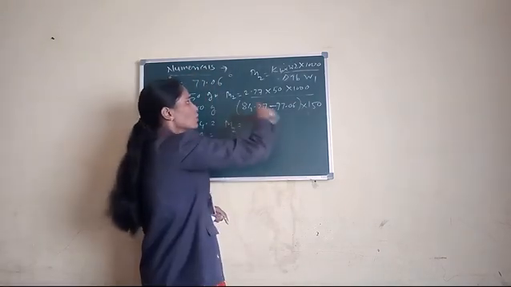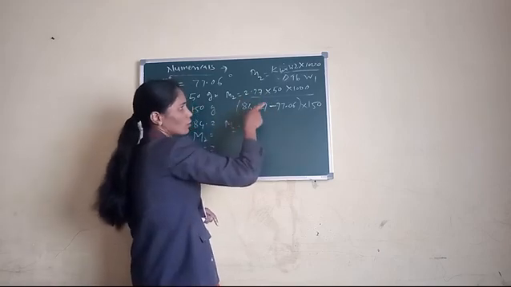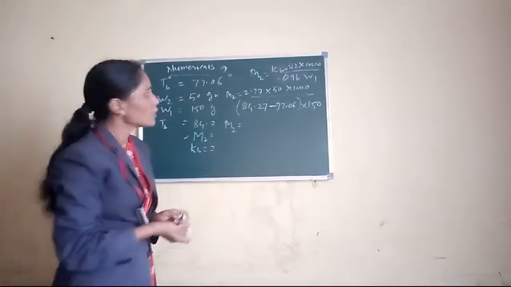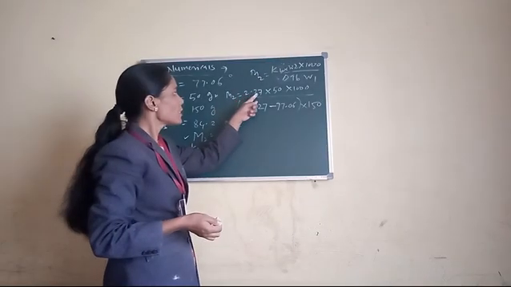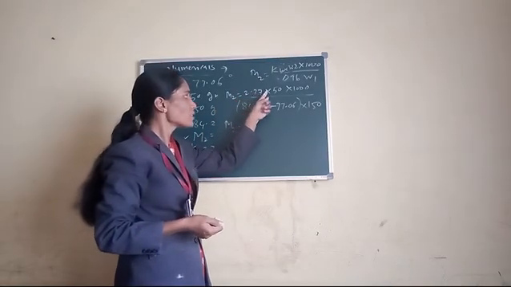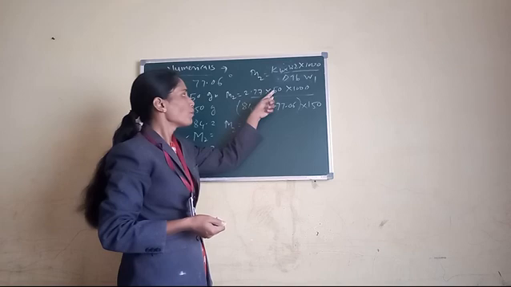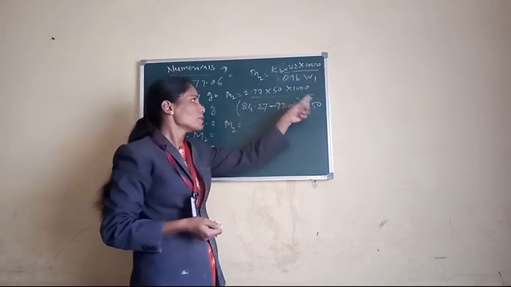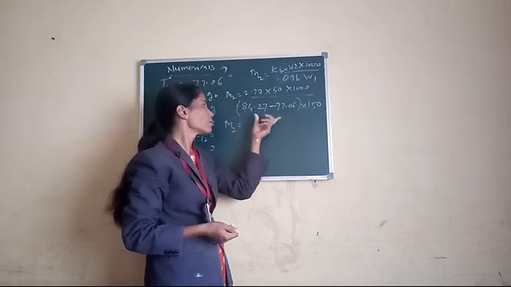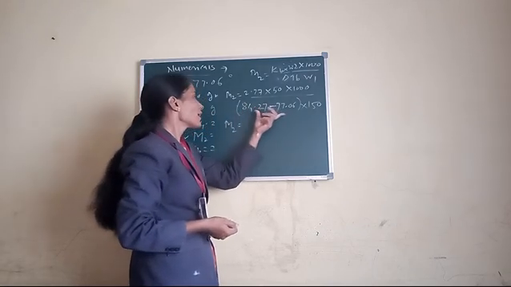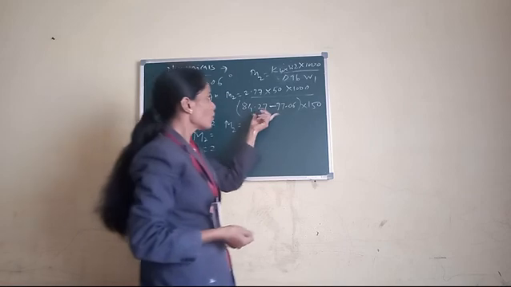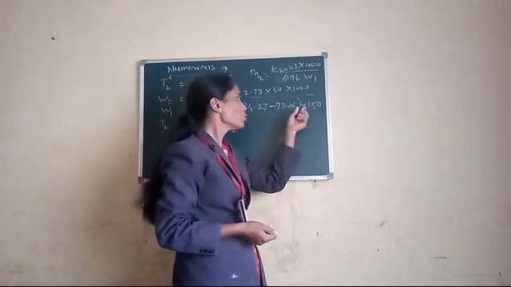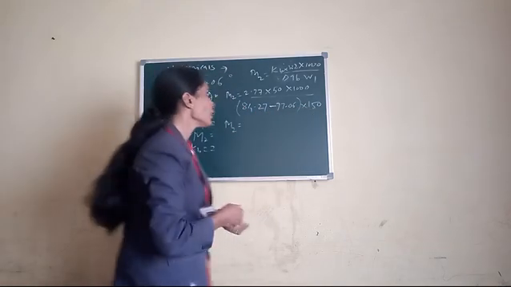To solve this simply using logarithm: log of 2.77 plus log of 50 plus log of 1000 minus log of this bracket, minus log of 150.